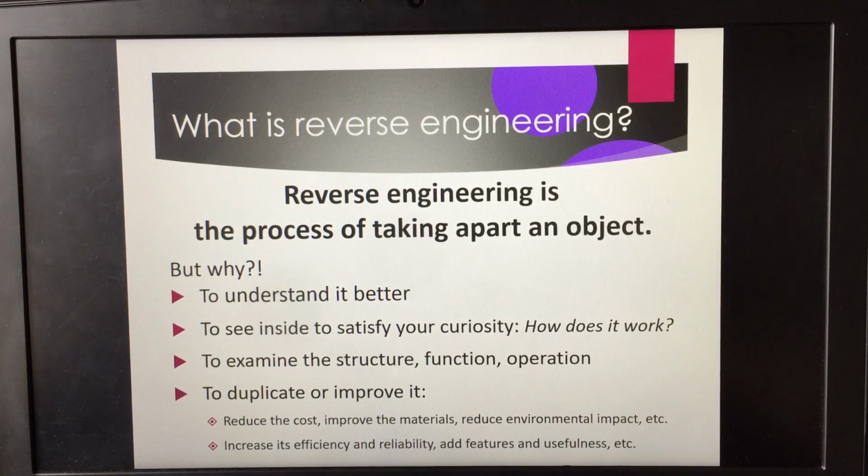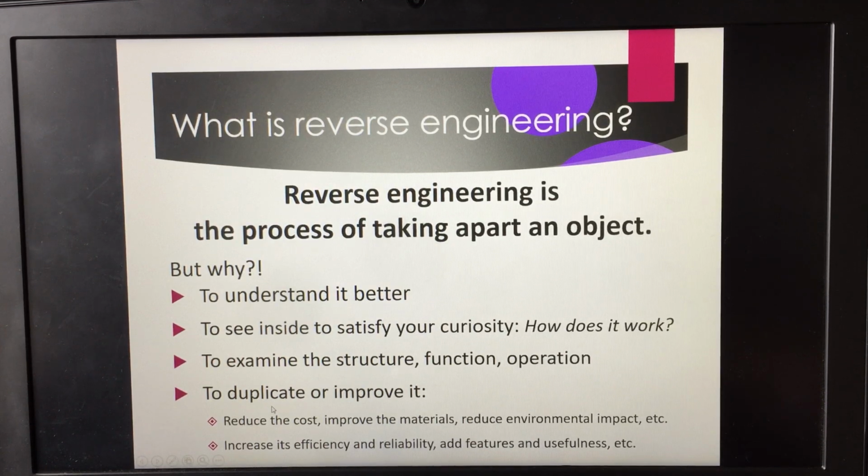Why would we want to do this? First off, to understand it better. A lot of people who go into engineering say they like to take things apart and figure out how they work. This would be a good example of that. To satisfy curiosity, how does it work? To examine the structure, function, operation of something. To duplicate or improve it.